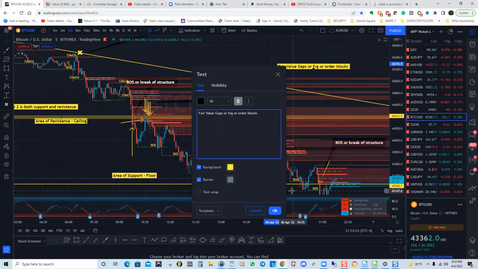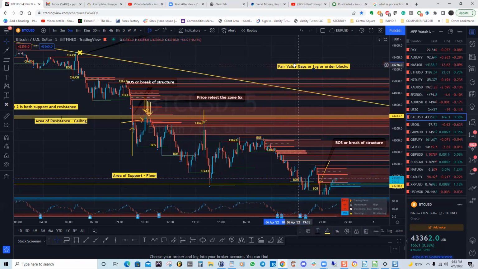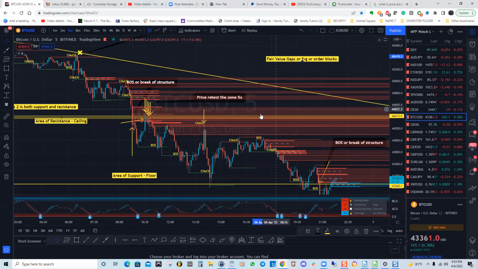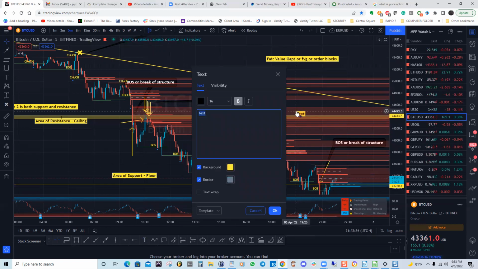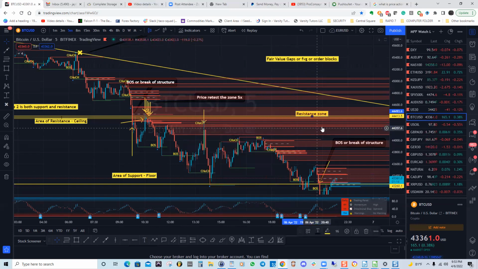So you can see that the red FVGs or order blocks are resistance because they're resistance here. So these are areas of resistance. Actually, I already put the resistance zone right here. So we see all this red up here. When price comes up in this red area, anywhere up here, we're looking to get sells.